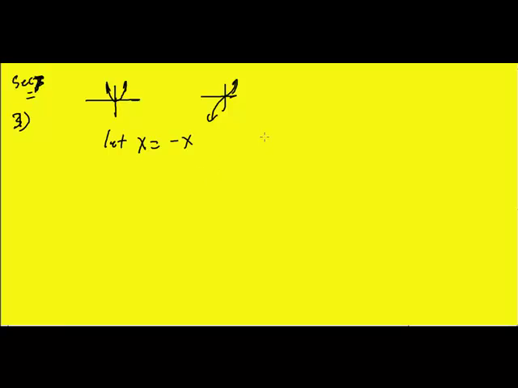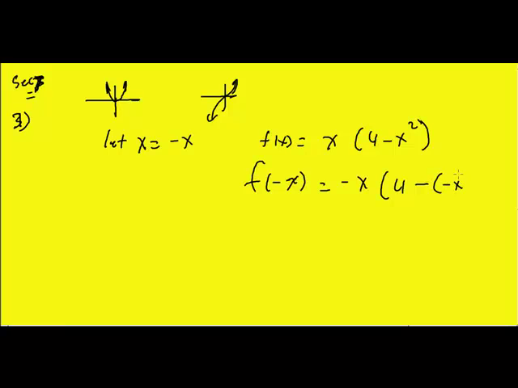So let's figure that out. Number 3 says f of x is equal to x times 4 minus x squared. Let's find f of negative x. I get negative x, all that times 4 minus negative x to the second. Let's clean this up. I get negative x times 4 minus x squared.